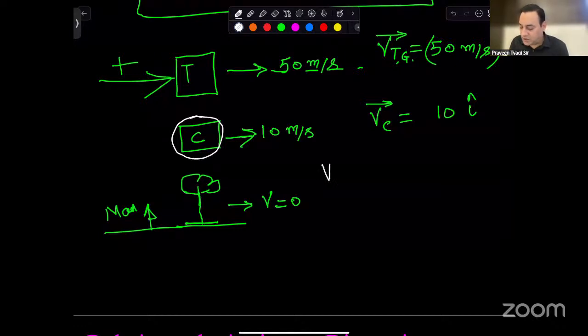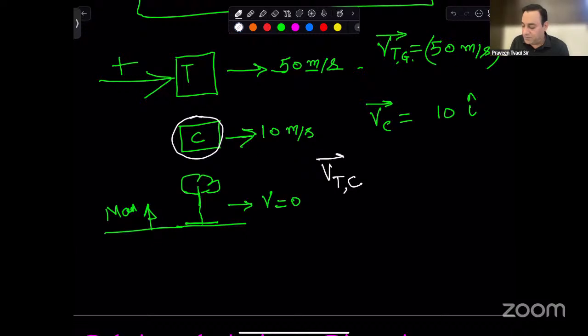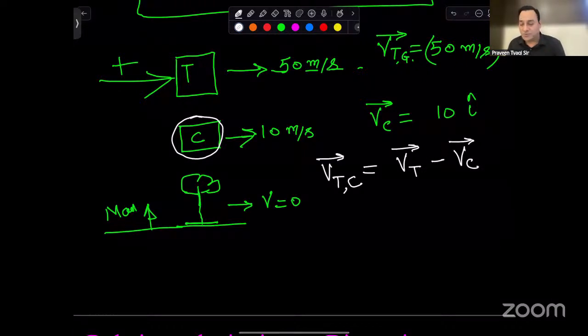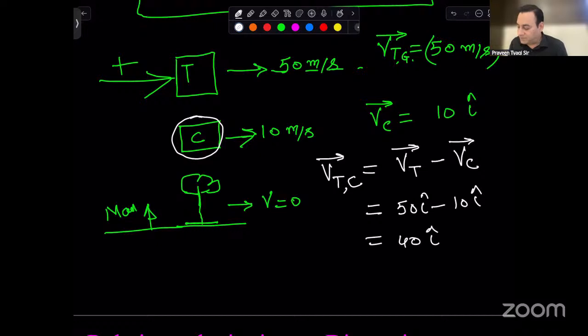Now velocity of truck as observed by the car will be equal to what? It will be velocity of truck relative to ground minus velocity of car relative to ground, or for that matter, any frame it holds true. Now, this will be equal to 50 i cap minus 10 i cap. This will be equal to 40 i cap meters per second.